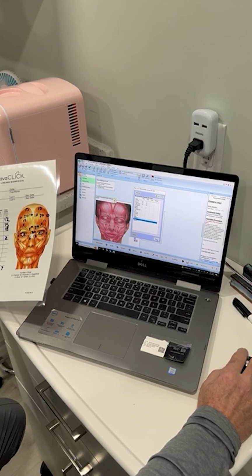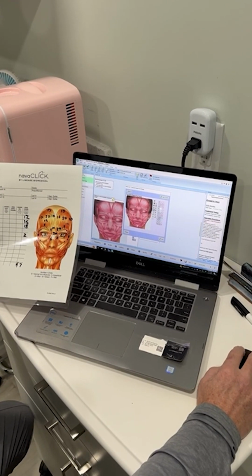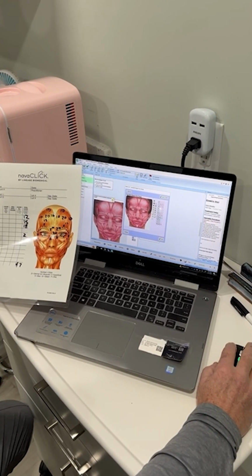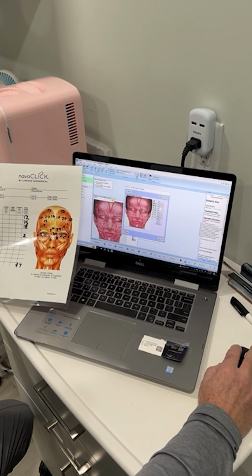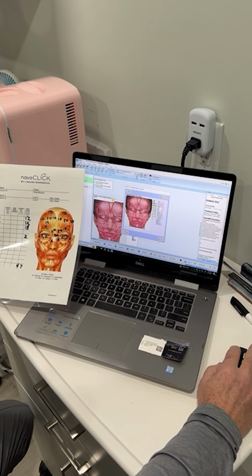Then I go to the next charting system. That gives me my face, and I'm going to put these. Okay, so these are very superficial, and I did 3 of those here. 1, 2, 3, 4, 5, 6. I did 3 in the muscle, 3 in the muscle, 3 in the muscle, 1 in the dermis, 1 in the dermis.